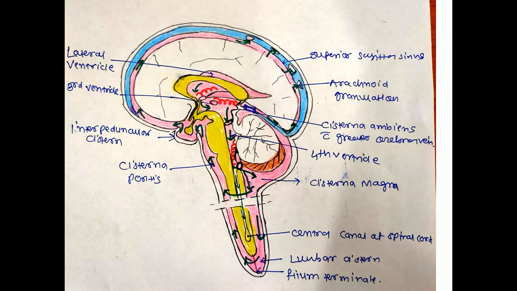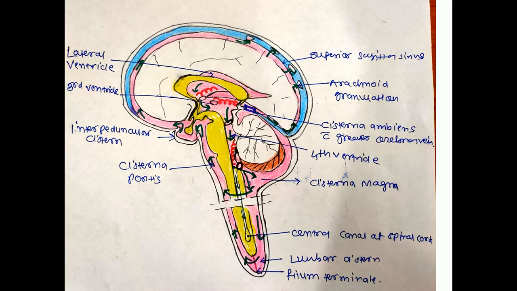So actually what happens, the weight of the brain and spinal cord is approximately 1.3 to 1.5 kg, but because of the CSF, as it provides floatiness, the brain and spinal cord ultimately become lighter in weight, and the weight is reduced to approximately 50 grams.